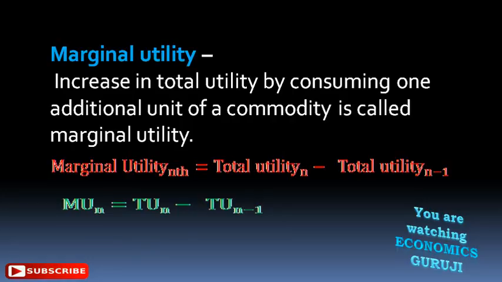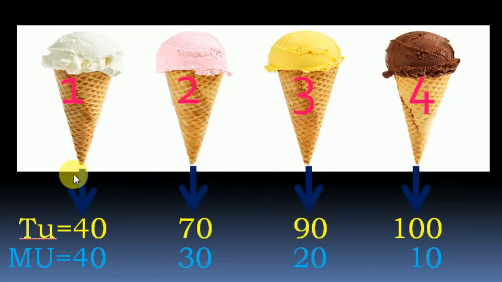For example, Mr. X consumes 4 ice creams, and when he takes the first ice cream, that ice cream gives 40 utils of satisfaction. When Mr. X consumes an extra unit, the total utility increases to 70 utils.